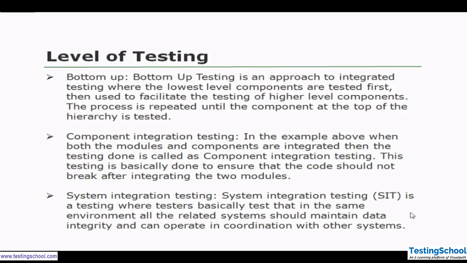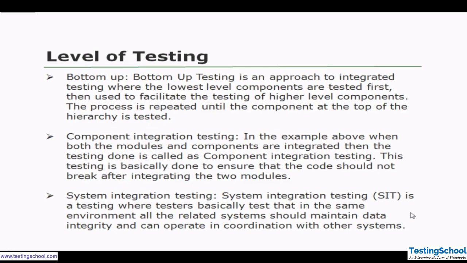This is the testing done to ensure that the code does not break after integrating two modules. Then we have SIT, that is system integration testing. System integration testing is where the tester checks that, in the same environment, all the related systems maintain data integrity and can operate in coordination with other systems.